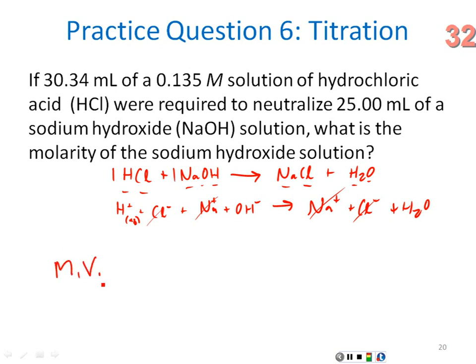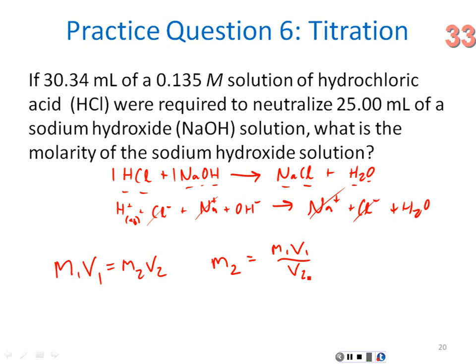Now we use our trusty equation M1V1 equals M2V2. And if you think of 1 being the acid, 2 would be the base. You want to rearrange these equations. What we're looking for is the molarity of the base, and that would equal M1 V1 over V2.